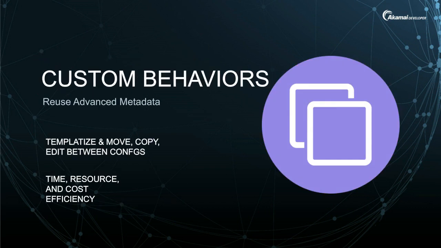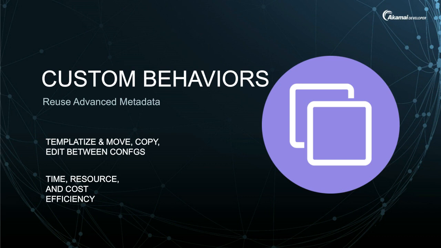Something else related to the Property Manager API that we've been developing is called custom behaviors. Custom behaviors is an advanced functionality wherein traditionally, if you have a professional services team at Akamai, they would go in and build some kind of advanced functionality for you in your config.